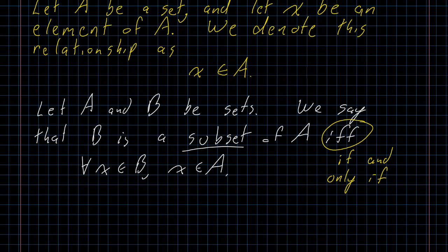If-then statements can be a little bit tricky at times. If it is raining, then I will want my umbrella. It's entirely possible that I'll want my umbrella for other things.